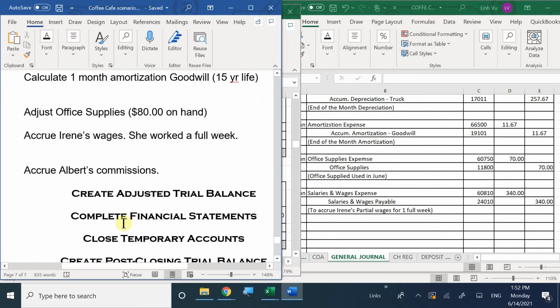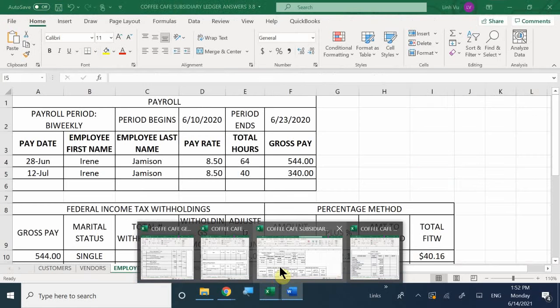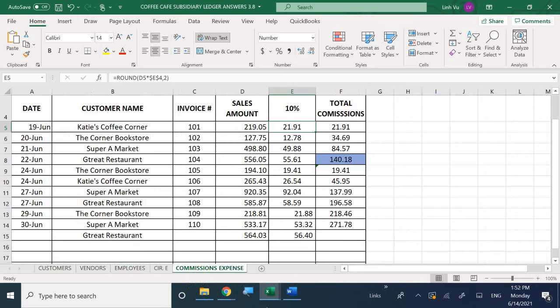So how much money has Albert earned so far? 271.78. So I'm going to highlight this too, so we know that this is an accrued amount. Okay. So 271.78.